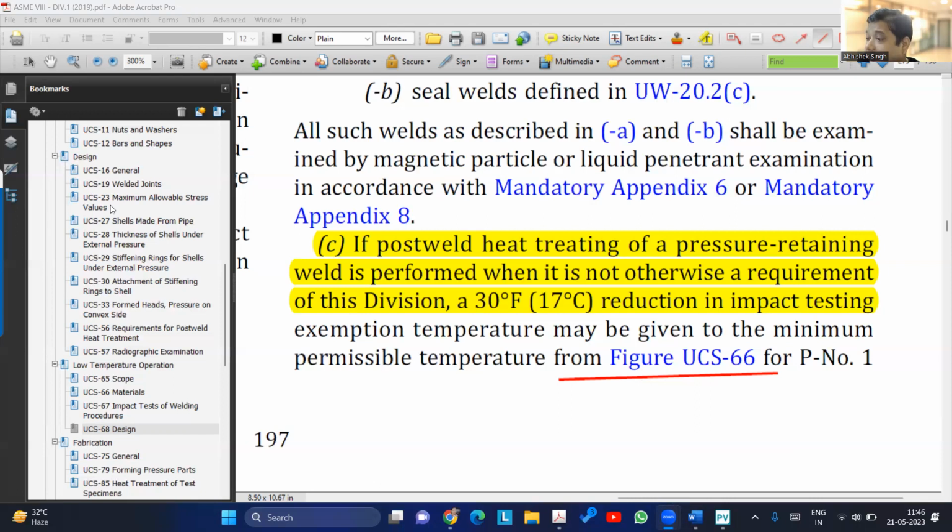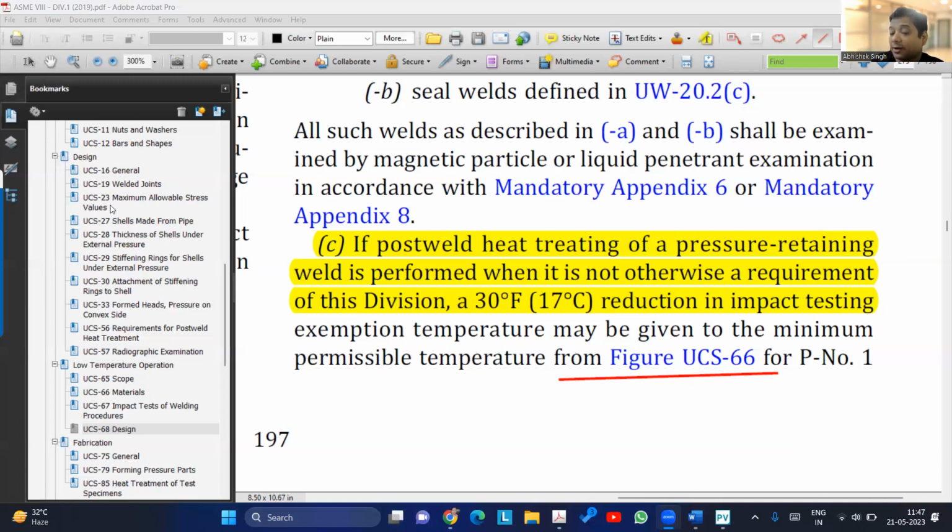Getting it? Stress relieving. So we are not performing it because it was required as per the PWHT clause, but you are still performing it. Okay. So the main reason will be the process requirement, like it's lethal or sour. That is the 90% of cases which you will be using. Other than that, maybe the client requirement.